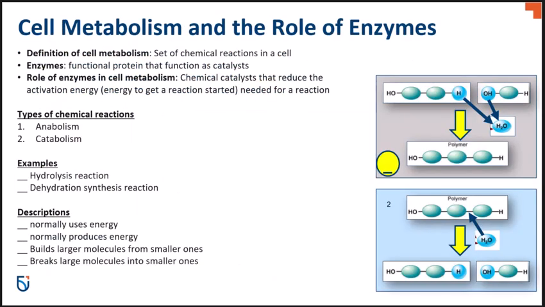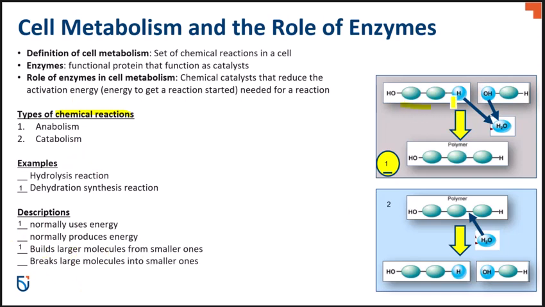Now we're moving on to a different topic called cell metabolism, and we're going to look at the role of enzymes and what they do within body cells. We've seen this slide already, but I'm going to remind you of some of these chemical reactions. So we have anabolism, which we know an example, well, let's define it first. This is where we're going to be building larger molecules from smaller ones.